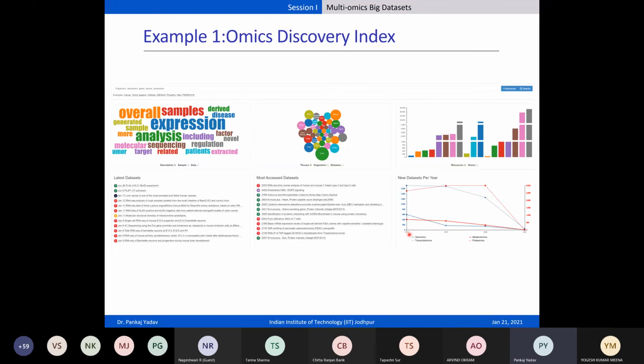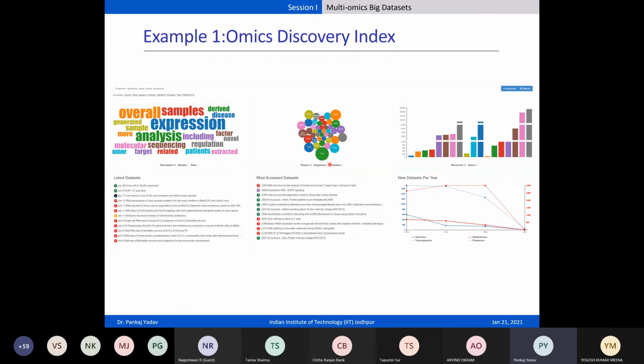You can see that metabolomics data is rare to find, but most of the other kinds of data like genomics and proteomics are the most abundant. You can also search this data by clicking on different organs, such as lungs, liver, or heart, so you can filter by organ-specific data.